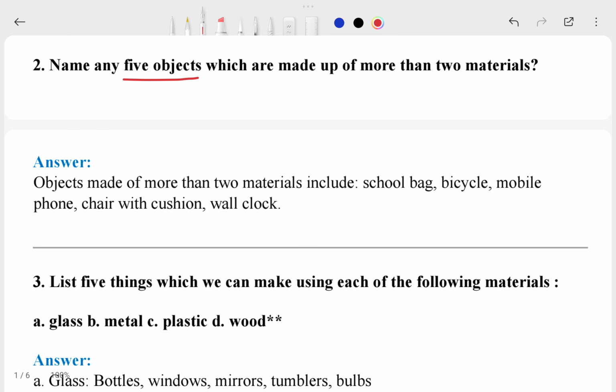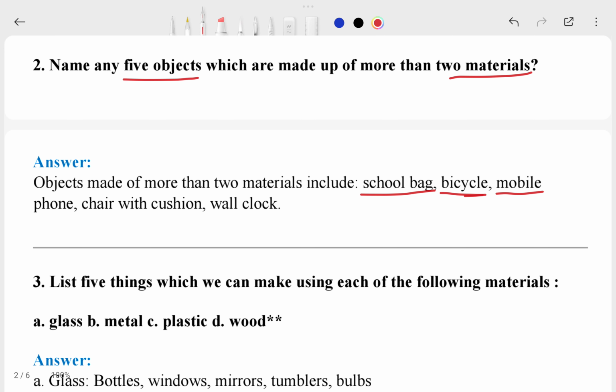Name any 5 objects which are made of more than 2 materials. Like school bags. A school bag is made with some sponge-like structure, and cloth, etc. Like a bicycle is made with iron, and its tire is made with rubber, and there is a seat.